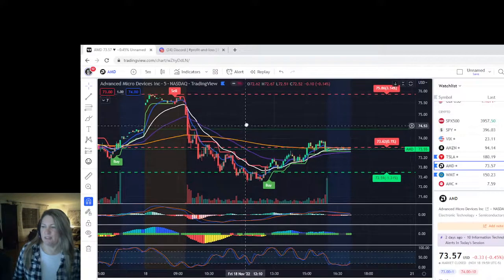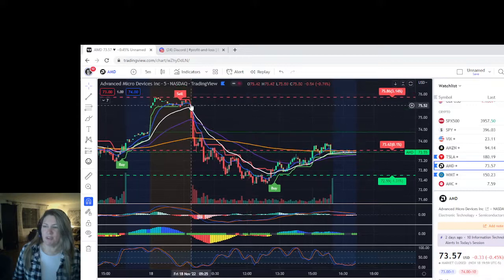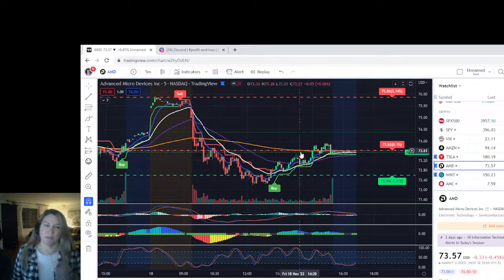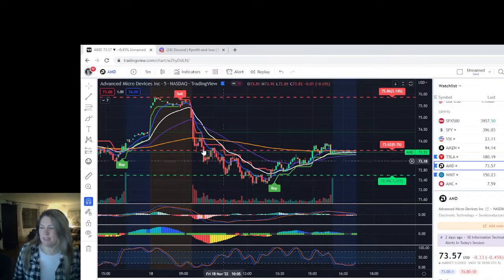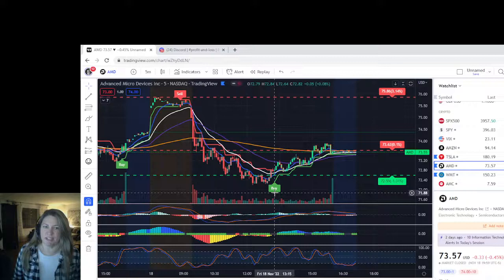So when the EMAs cross and point to the downside, that's when we know a downward movement is coming. And when they curl up and cross to the upside, that's when we know an upward move is coming. And we use that in conjunction with the support and resistance lines, as well as the sell and buy signals, which are very strong indicators of which way the market is going.